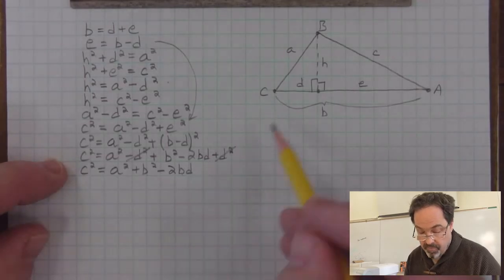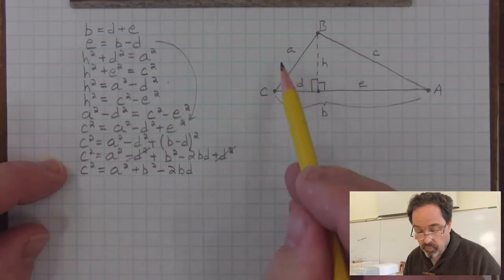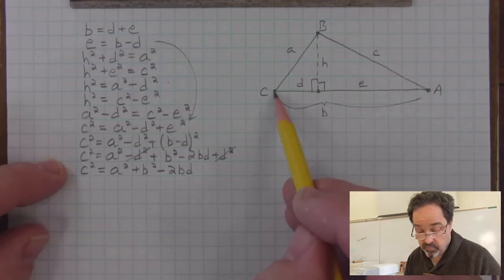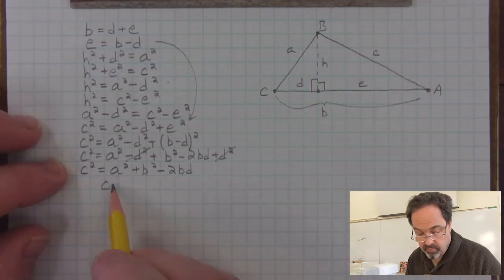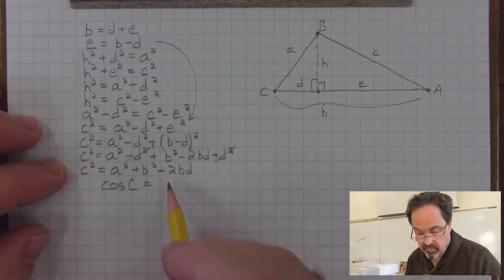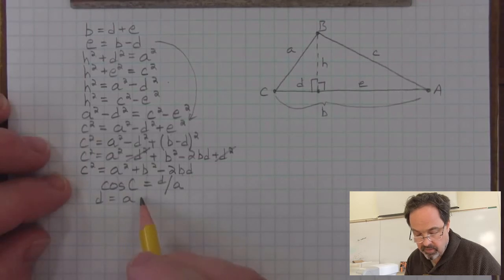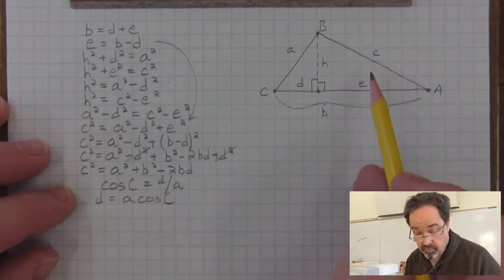I can observe that D in this right triangle is part of the cosine ratio. The cosine of angle C is equal to its adjacent D over the hypotenuse A. I could write that down. The cosine of angle C is equal to the adjacent D over A. And I can solve for D by multiplying both sides by A. When I do, D is equal to A times the cosine of angle C. Now, side A and angle C are parts of the triangle.